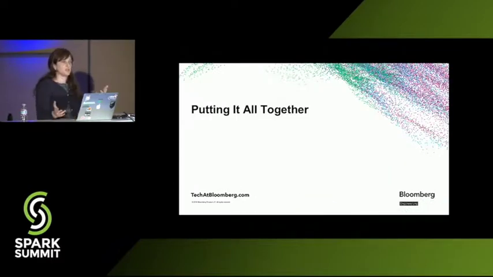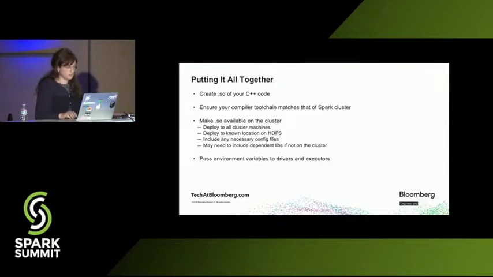So now, putting this all together, what do we need to know? In general, you need to create shared objects for your C++ code. This is really important. You need to ensure that your compiler toolchain matches where you generate your SO and the Spark cluster, because in general, you may not be working on the cluster itself when you're writing this code, so you need to make sure that it matches.